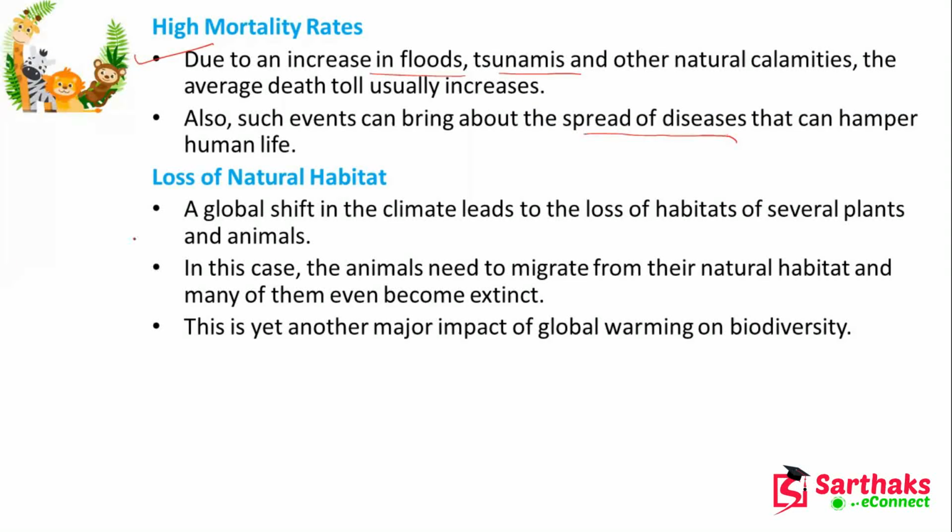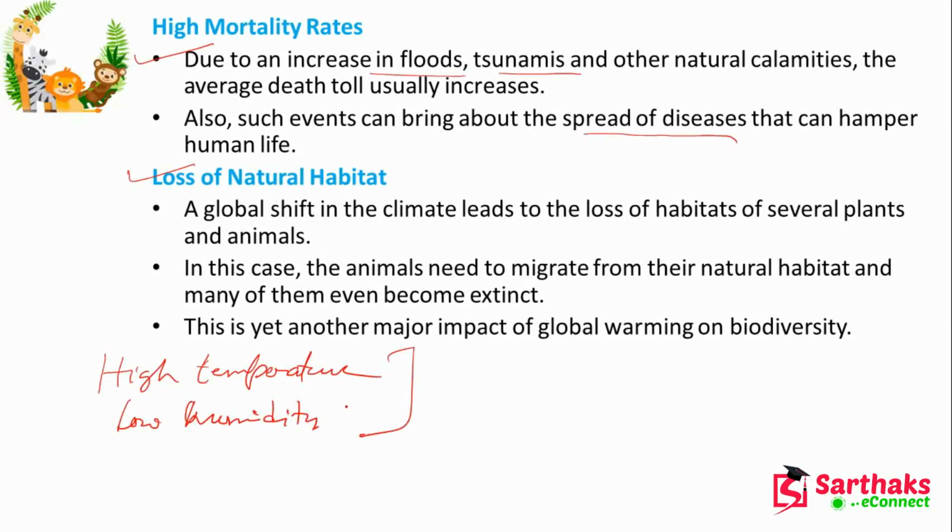And loss of natural habitat. A global shift in the climate leads to the loss of habitat of several plants and animals, because of the high temperature and low humidity, which the plants and animals cannot sustain.